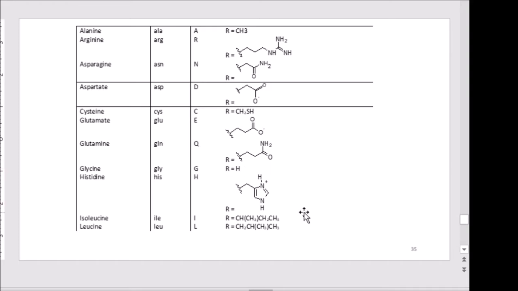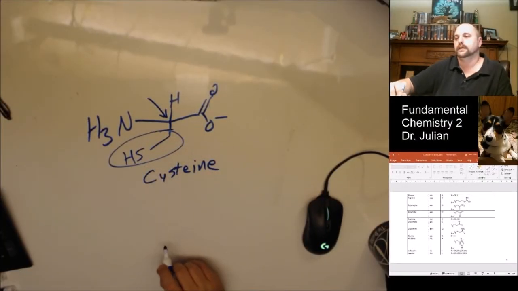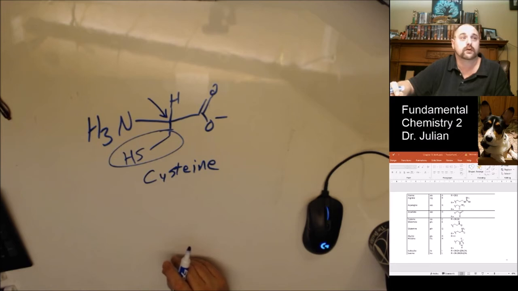That's the only one where this alpha carbon is not chiral. All the others have a chiral carbon, and so that's why we can do our D and L assignment.